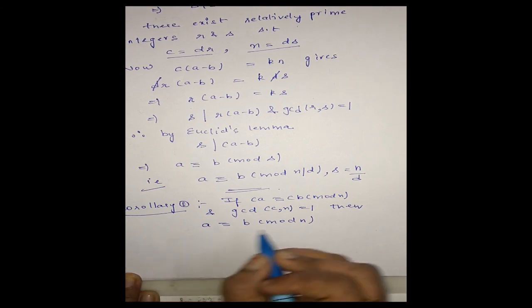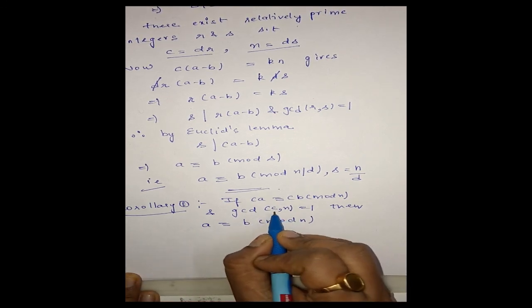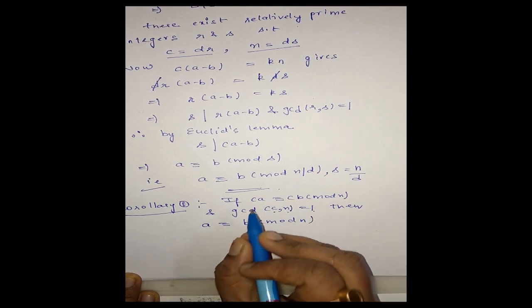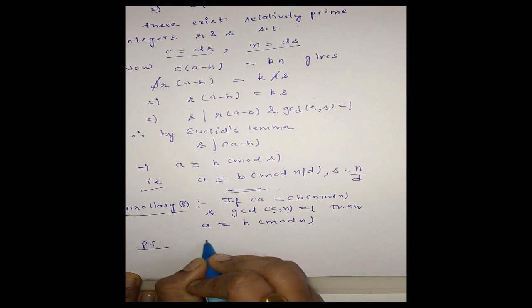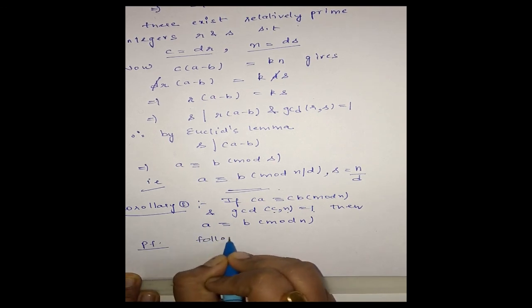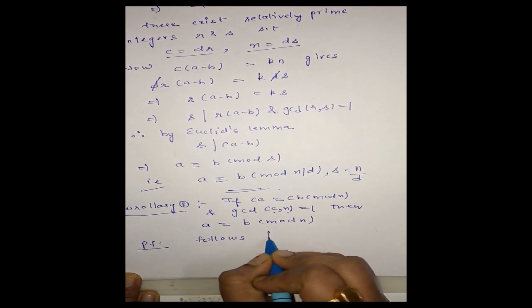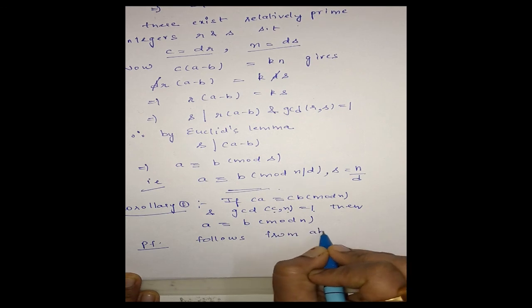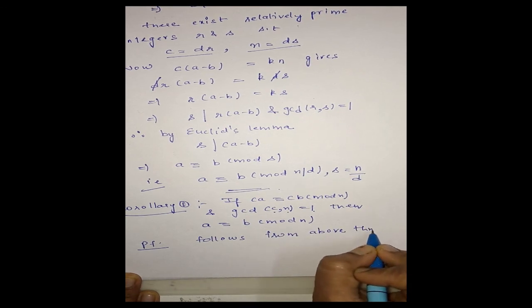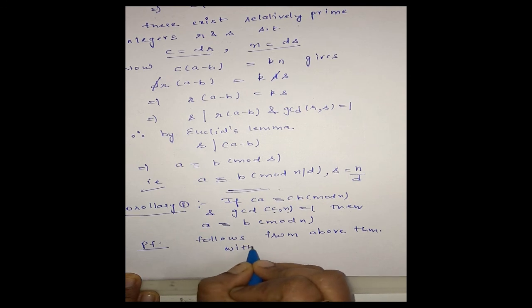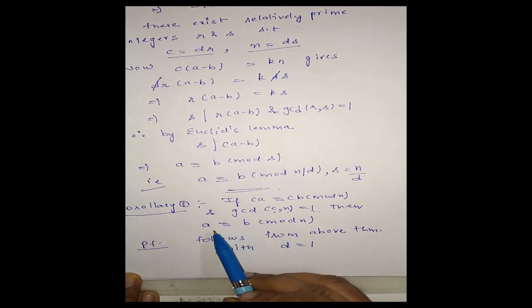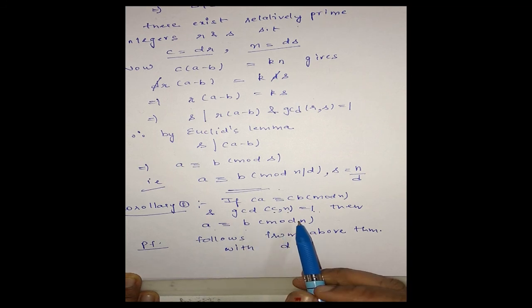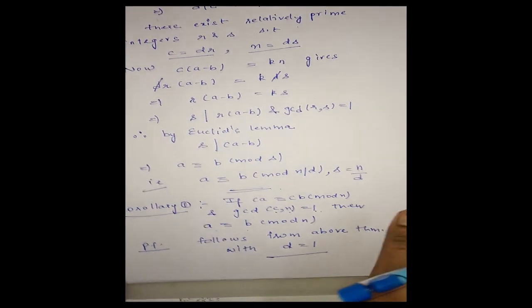This follows from the above theorem with D equal to 1. In the theorem, the GCD was D and A is congruent to B modulo n by d, and here D is equal to 1. Hence proved.